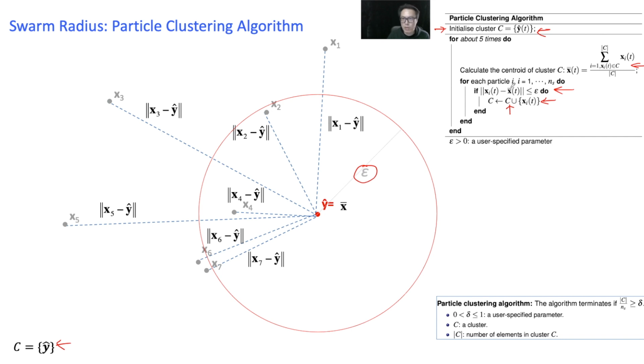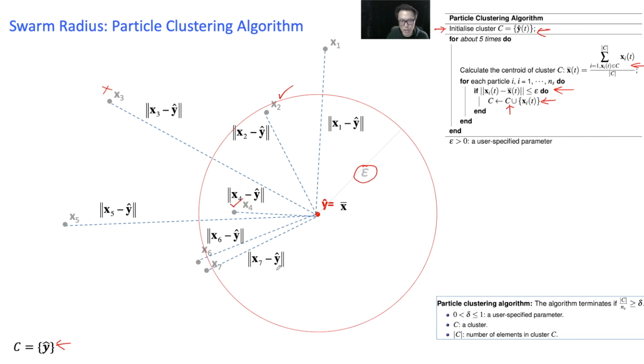This statement says that if xi minus x bar is less than epsilon, that means this particle is within the circle, and we are going to insert it into the cluster. So we are going to check one by one. x1 is outside the circle, we do not need to consider that. x2 is within the circle, so we need to insert that into the cluster. And then x3 no, x4 yes, and so on.